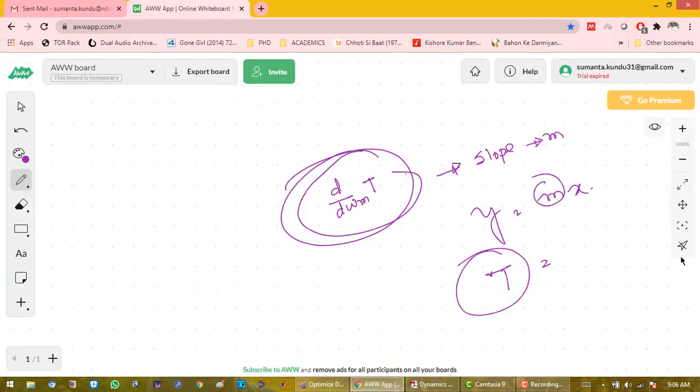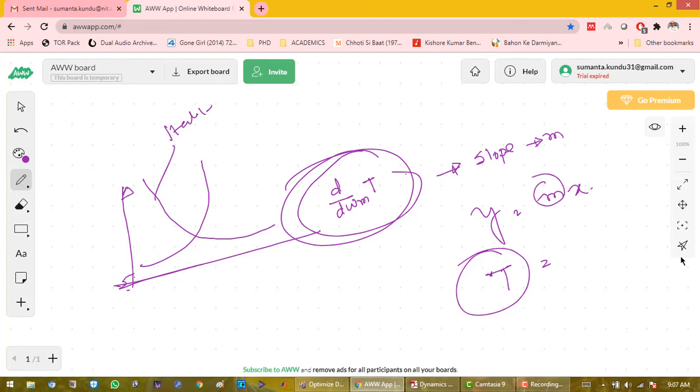So it is like an exponentially increasing curve. Another one is exponentially decreasing, then it is stable. So this is my stable and this is my unstable.